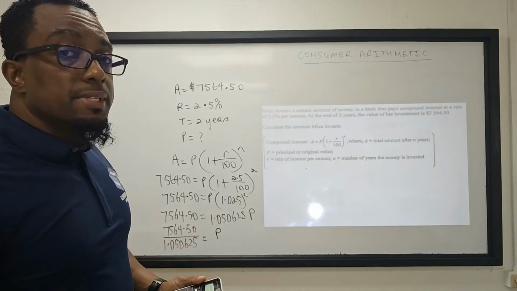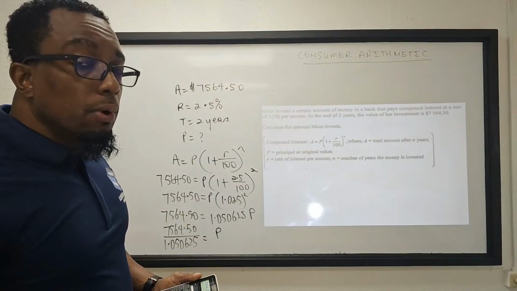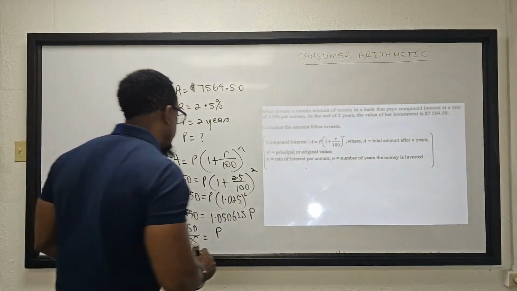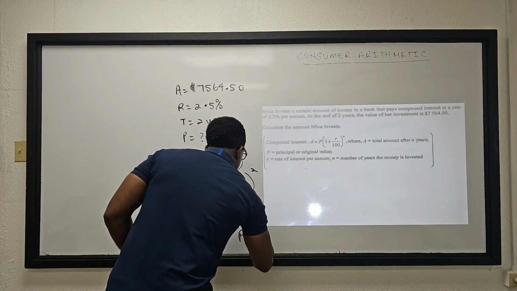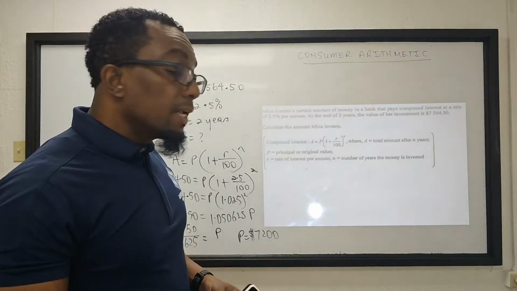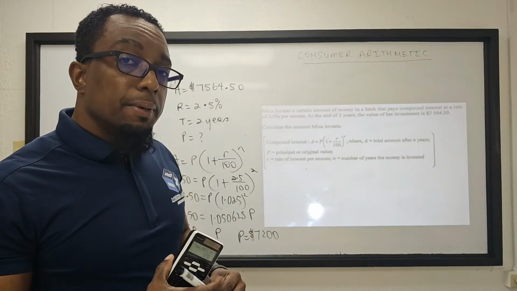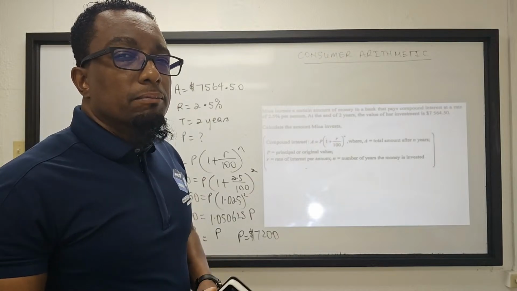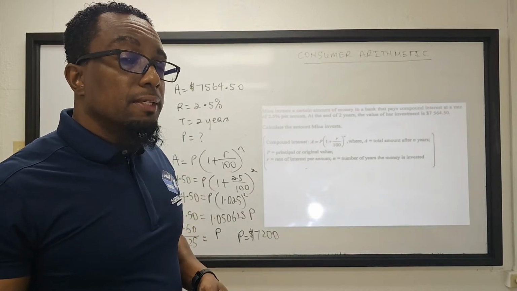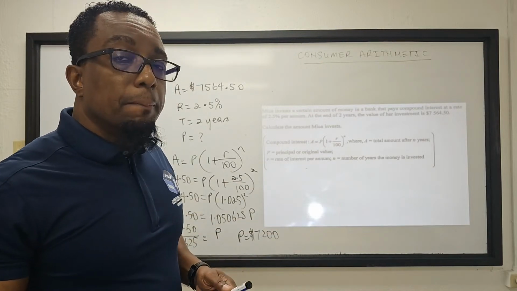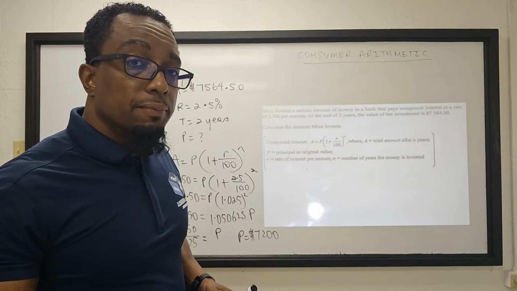Right, that will give us $7,200 as our principal. So our principal P is $7,200. So you see how we can utilize our formula to help us to obtain what is required. Again, it requires basic knowledge of transposition, and once you know how to solve equations, then making P the subject of the formula should be pretty straightforward.